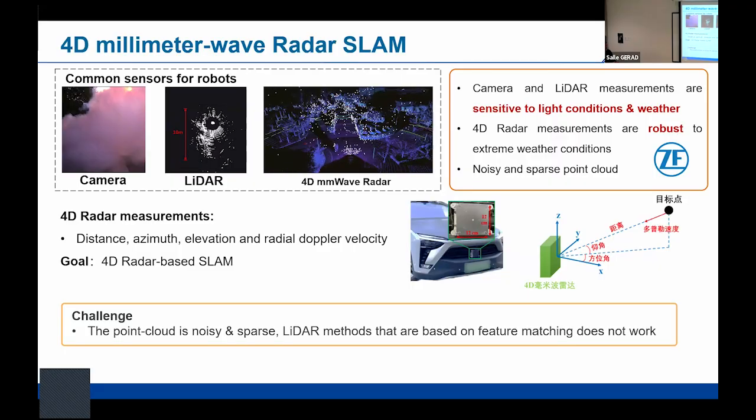But there's a price to pay: the measurements are robust in extreme weather conditions, but the point cloud is extremely noisy and sparse. As you can see here, the blue or purple ones are the LiDAR points, but these snowflake-like noisy white ones are the point cloud from the 4D millimeter wave radar. It is noisy and sparse, because you can barely see the trees here with the 4D millimeter wave radar.